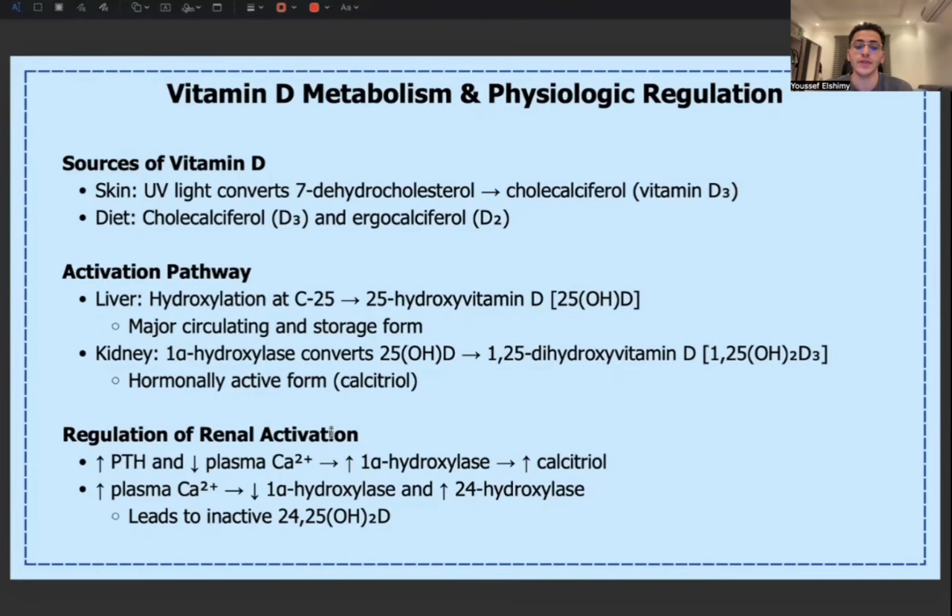It converts vitamin D into an inactive form because we already have calcium in our body. So there's no need to convert vitamin D into the more active form. Instead, we convert it into the inactive form, and this is done by the 24-hydroxylase enzyme. This leads to the formation of 24,25-dihydroxy vitamin D.